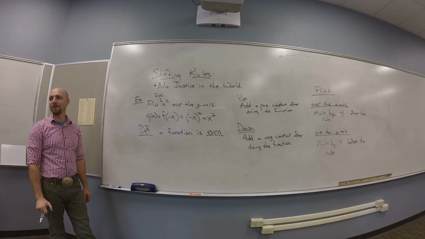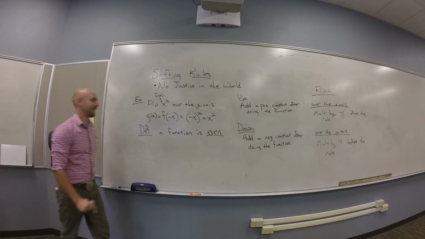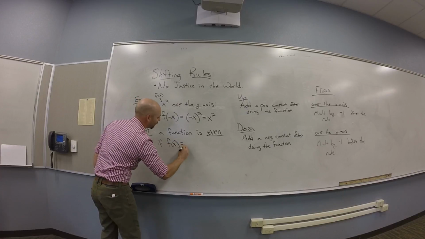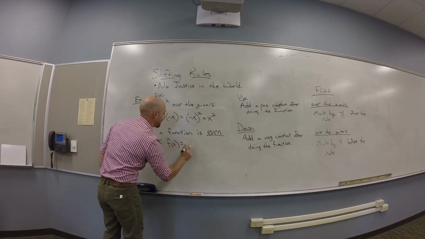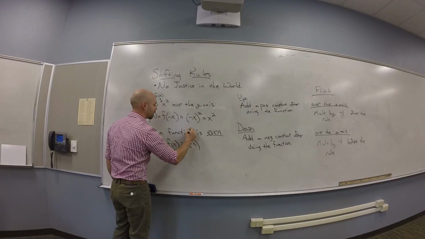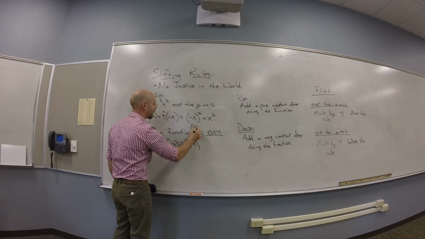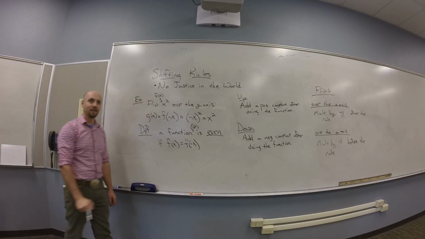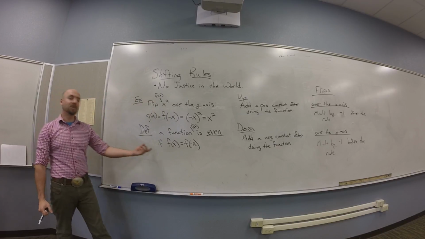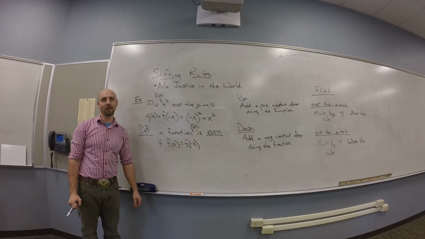A function is said to be even if f of x equals f of minus x. In other words, it acts like an even-powered monomial.